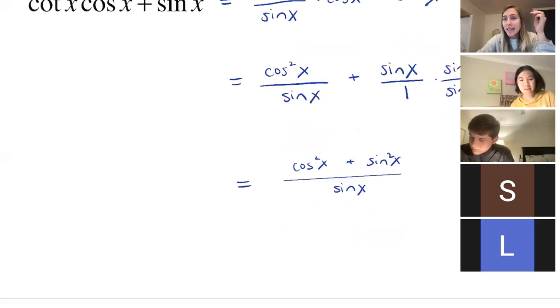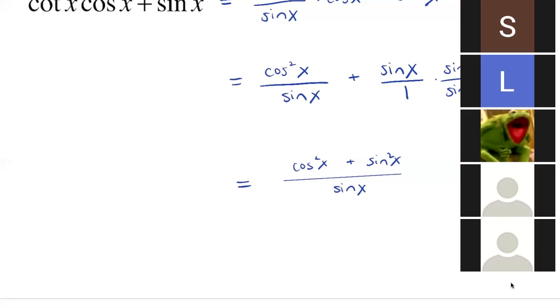Do the sines cancel? No, you can't cancel across a difference, and we would be right back where we were before. Rye, did you say something? No, I said the same thing as Lucas. Okay.